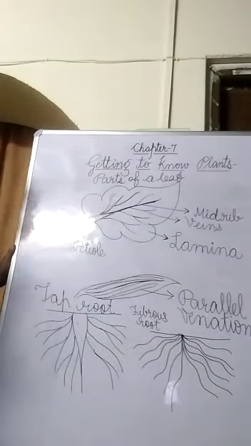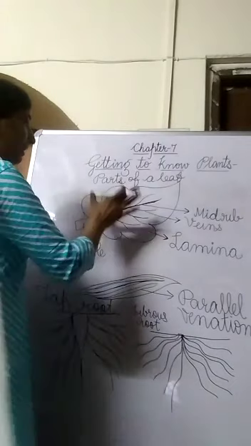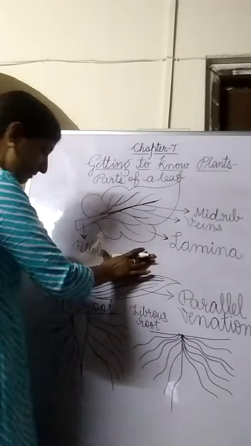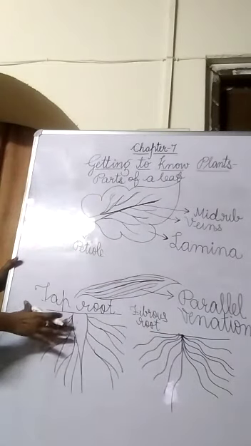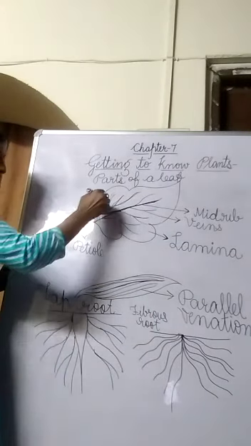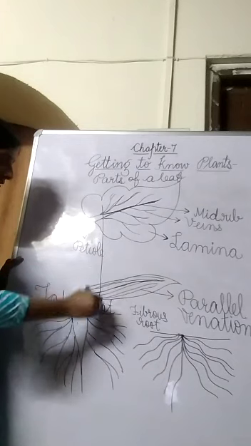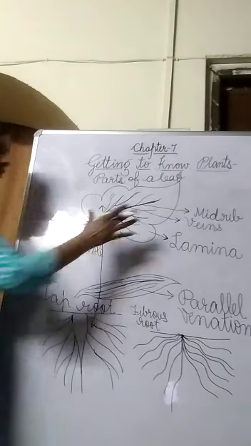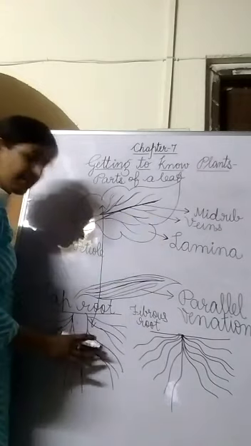So what I want to tell you is that the plants having leaf with reticulate venation have a taproot system. So these two are connected. Reticulate venation and taproot.